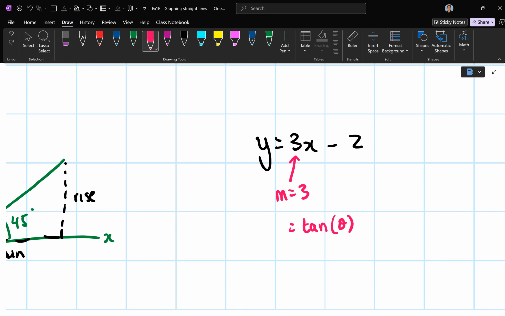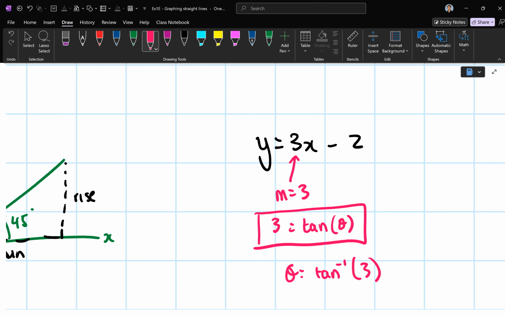So 3 is equal to tan theta. If you want to create a gradient of 3, you can do theta equals tan inverse of 3 on your calculator, and whatever angle it gives you, that is the angle.